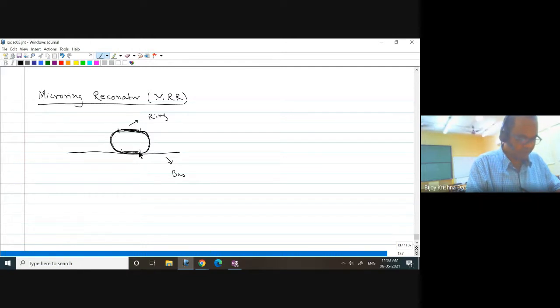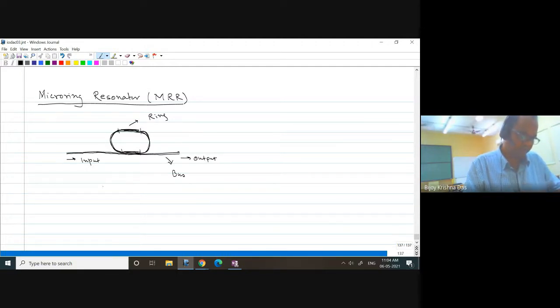The straight portion is just to accommodate sufficient coupling between your bus waveguide and the ring waveguide, right? So this is your input, and this is going to be your output. So one input, another one output.